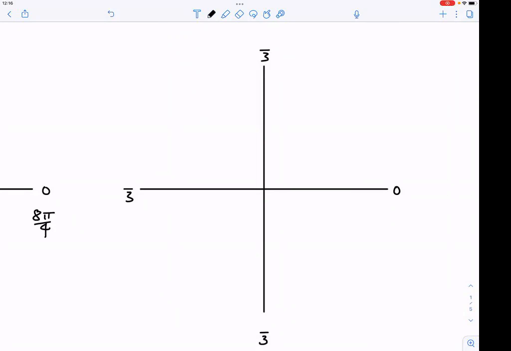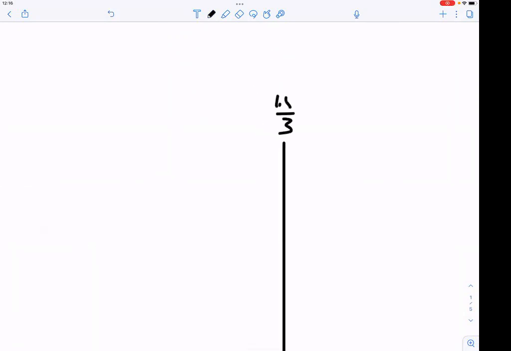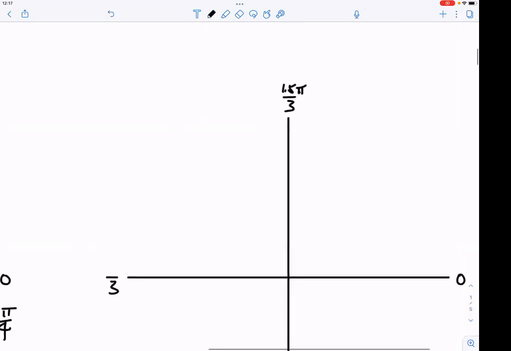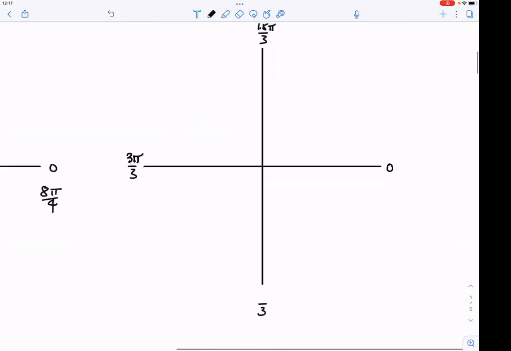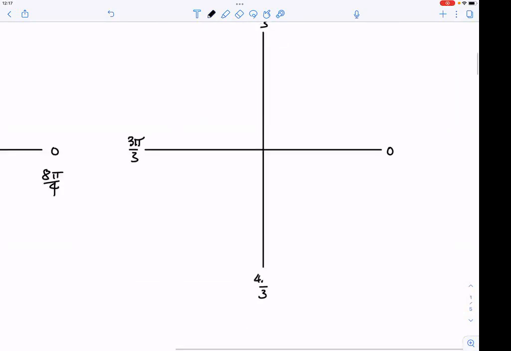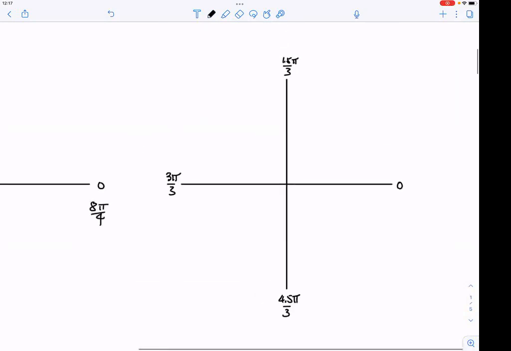So at the 90-degree location, that would be a 1.5. Okay, it's just for reference. Of course, we know we shouldn't use a decimal in the numerator, but just for reference. 3 pi over 3, 4.5 pi over 3. So if I asked you, where is 4 pi over 3?